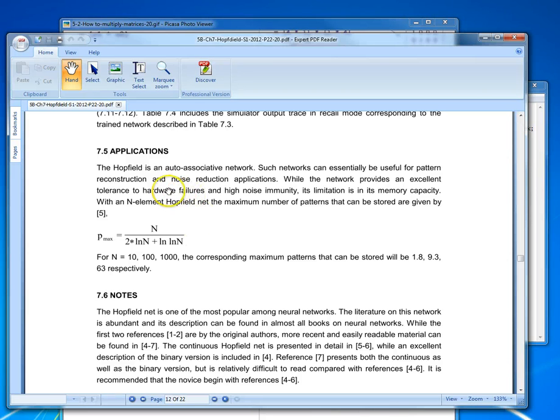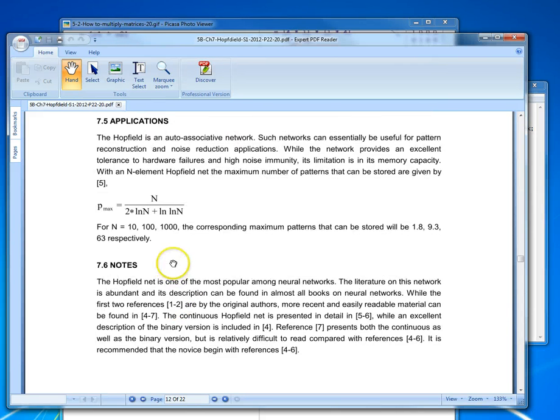Most of the time in a Hopfield network, you should be able to store, theoretically speaking, an infinite number of images, but it has been shown that the maximum number of patterns you can store in an n element network is n by 2 times natural logarithm n plus natural logarithm of n.